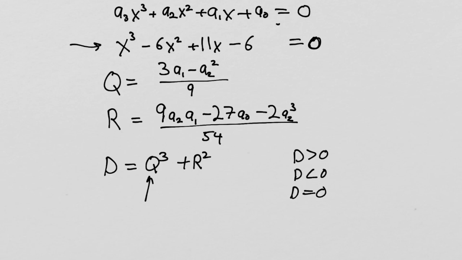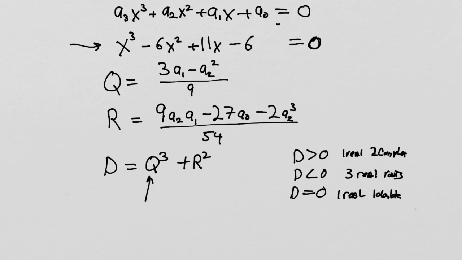And if it's less than 0, we have 3 real roots. If it's greater than 0, we have 1 real and 2 complex roots. And if it's equal to 0, then we have 1 real root and 1 double root. I guess that's the way it works.